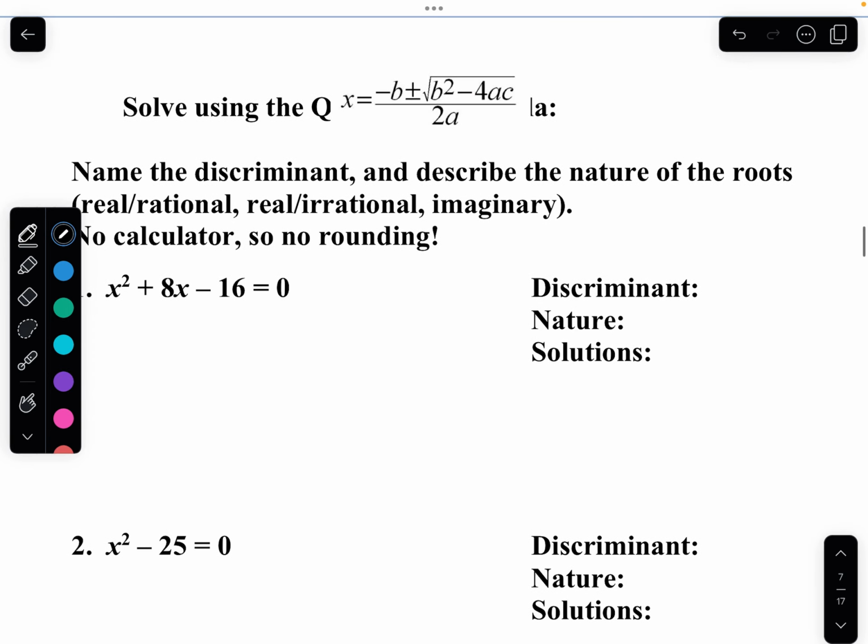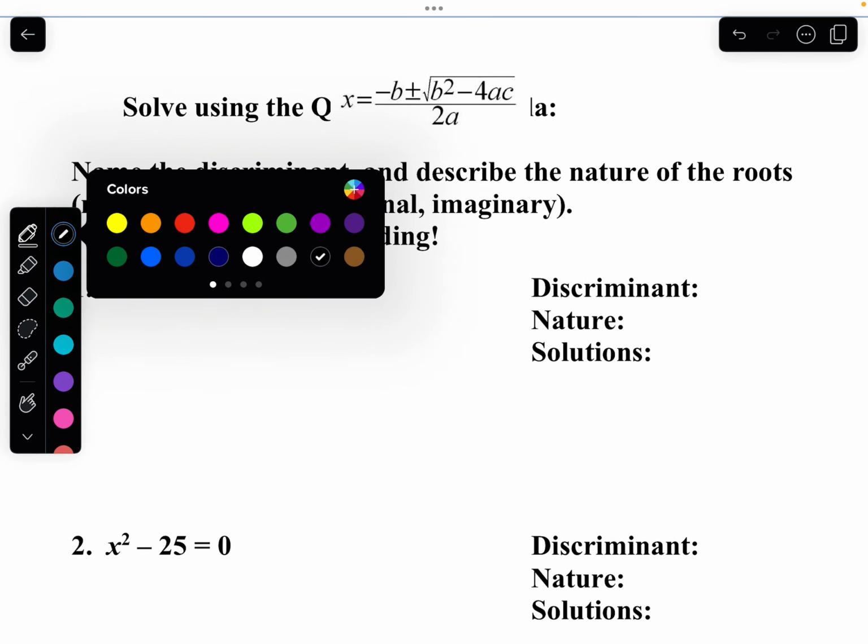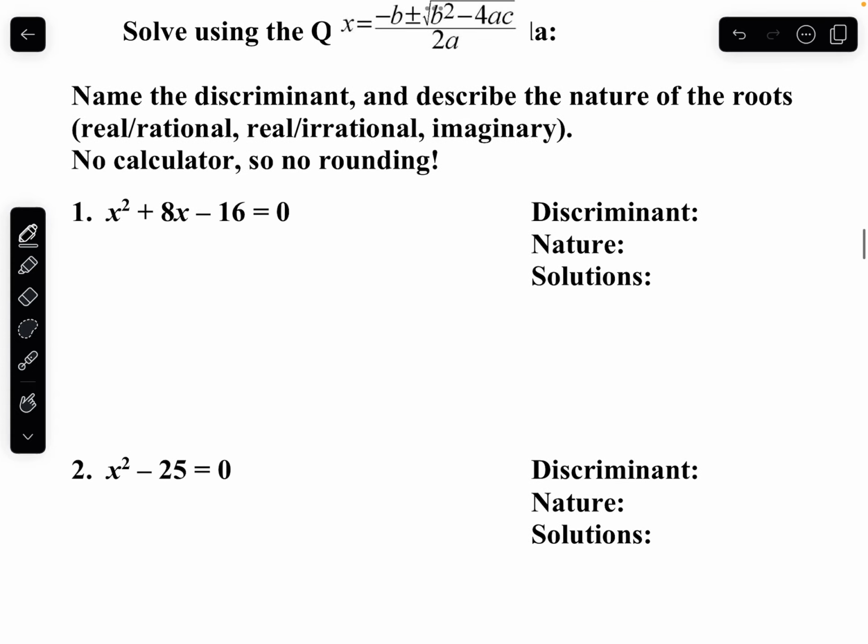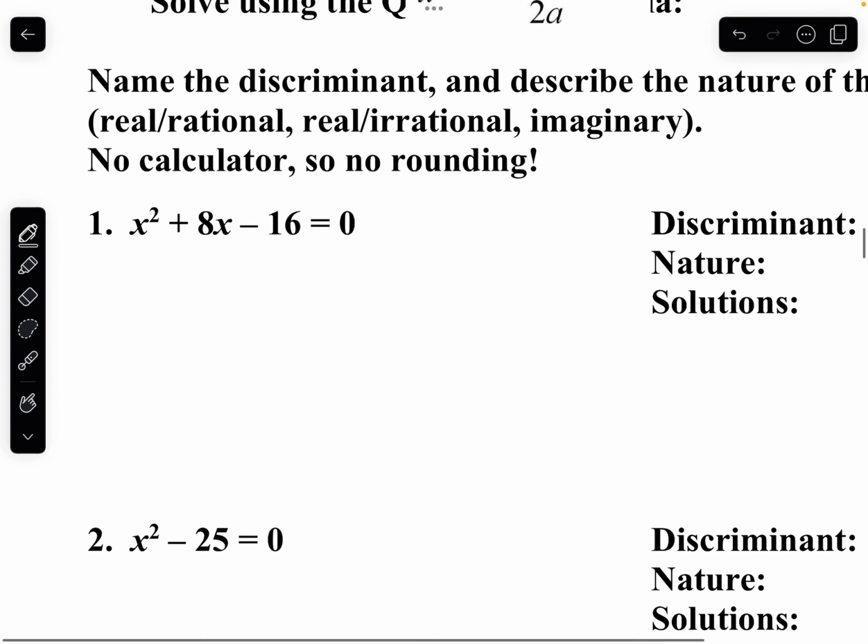Okay, and so we're ready to use the quadratic formula, and we're going to identify the discriminant along the way. So here we have x squared plus 8x minus 16 equals 0, and so we know a is 1, our b value is 8, and our c value is -16.